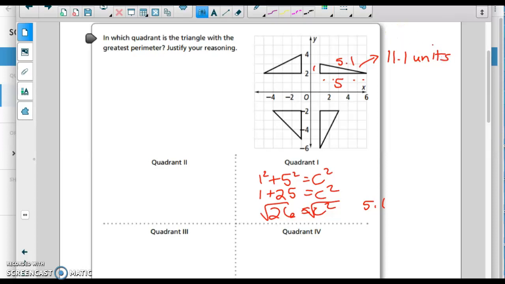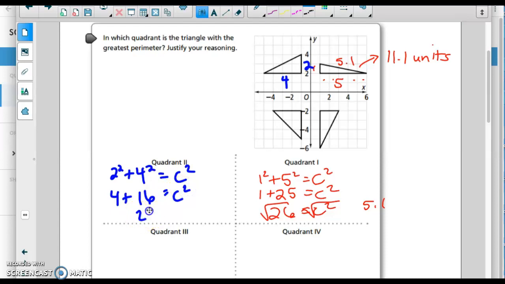Okay, I'm going to switch colors. Do quadrant 2. Quadrant 2, we have a 1, 2, 3, 4 by 2. So in quadrant 2, we have 2 squared plus 4 squared equals c squared. Again, we're just practicing solving for the hypotenuse. These are all right triangles. So we have a 4 plus a 16, and we are getting c squared.